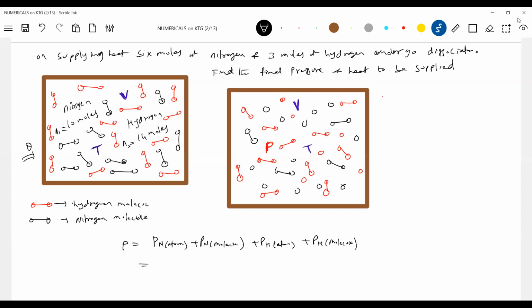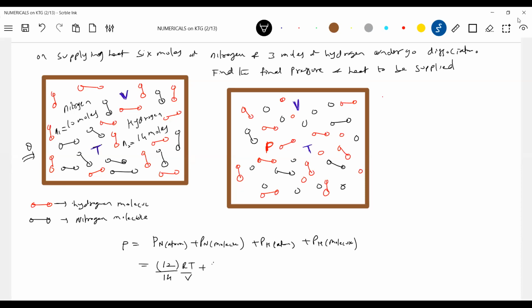Let's see the pressure due to nitrogen atom. How many moles of nitrogen atoms are there? 12, no? Nitrogen atom, what is the molecular mass? 14, shall we write? 12 into 14 RT by V. How many nitrogen molecules will be left over? 4.